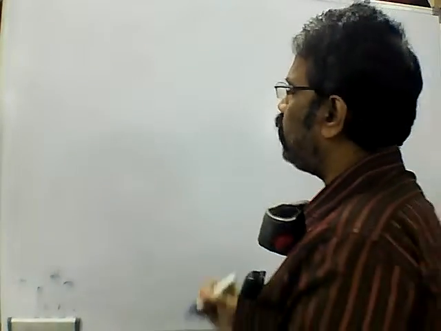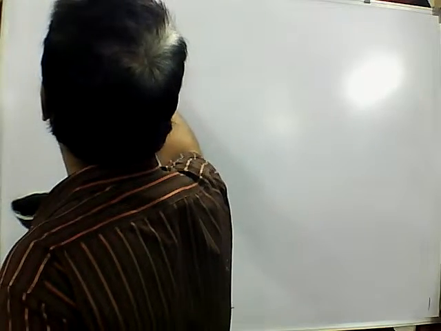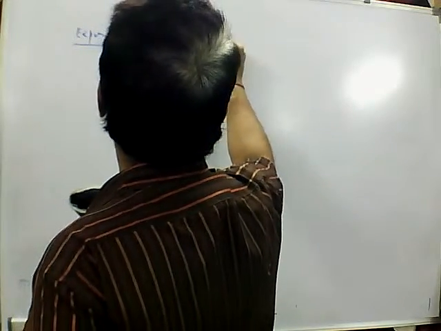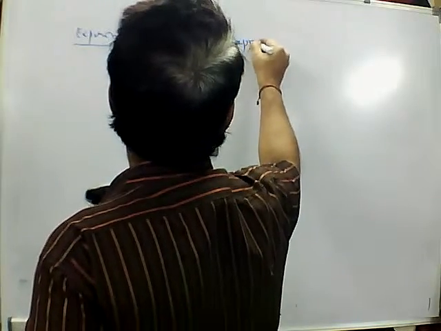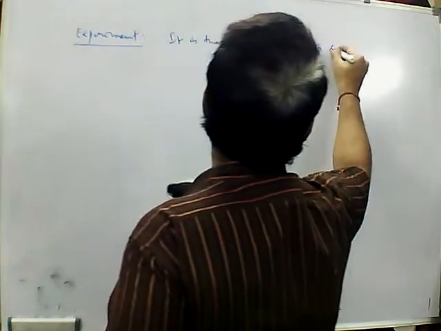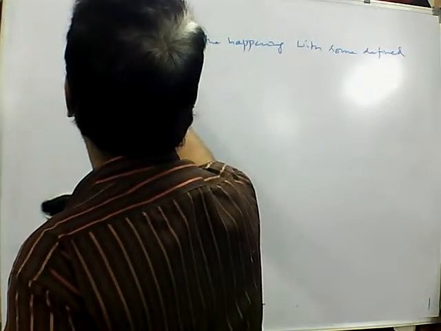So what is the experiment in probability? Experiment. It is the happening with some defined outcomes. Right?